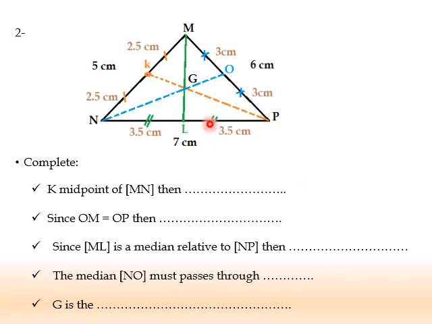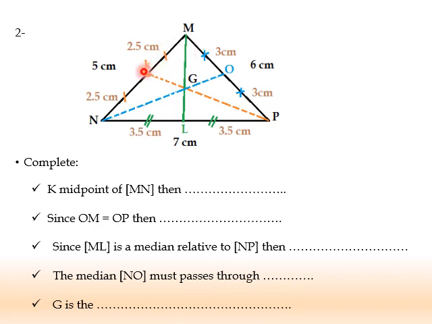Now, this is triangle MNP. MN equals 5 centimeters, NP equals 7 centimeters, and PM equals 6 centimeters.